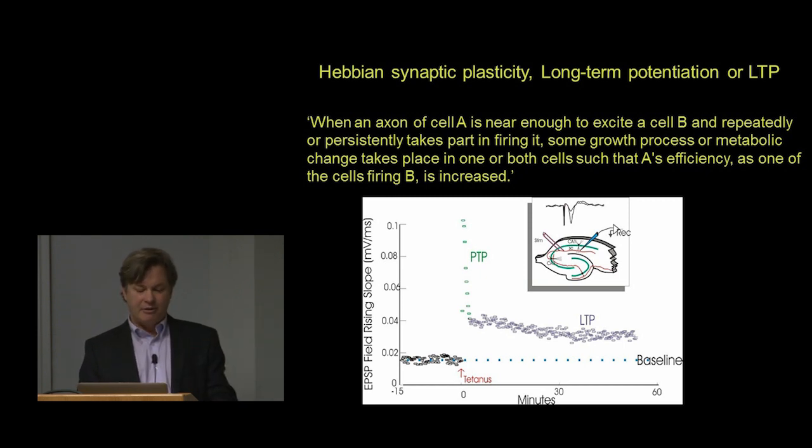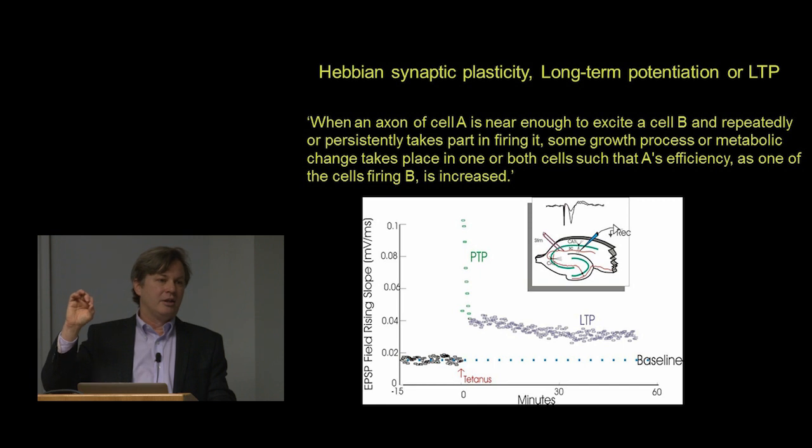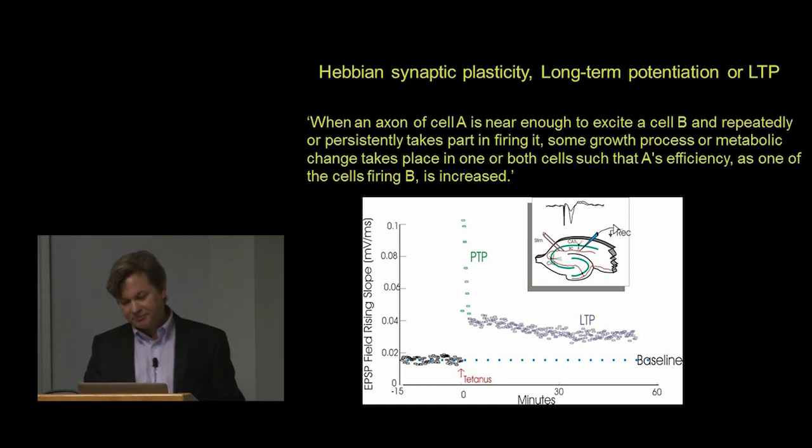And if one just takes a quiescent slice or an untrained slice, one can stimulate that fiber tract over and over again. On the x-axis is minutes, and so they're very infrequent stimulations, every some number of seconds or so. And the y-axis is the field EPSP, the slope of the curve of the EPSP. And in a good preparation, that's a very, very static thing. The strength of the multiple synapses that are being excited are very, very stable and the same.